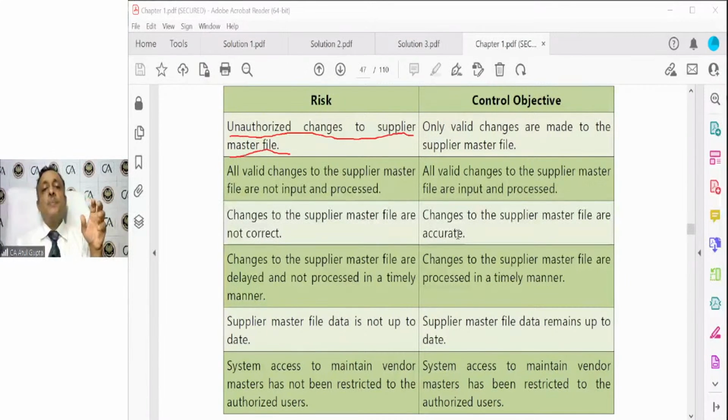All valid changes to supplier master file are not input and processed. This is a very different category of risk. Please understand what it is saying. First, changes are unauthorized. Second, changes are authorized, but they have not been properly put into the system.